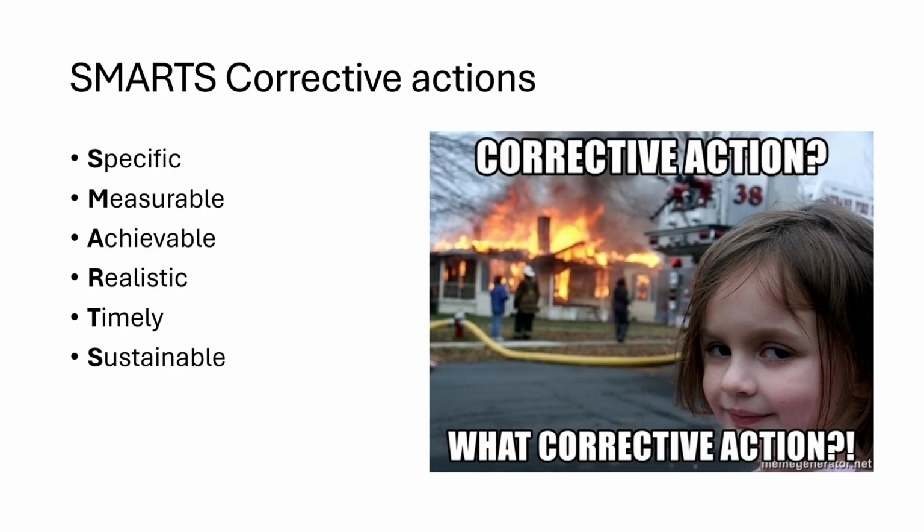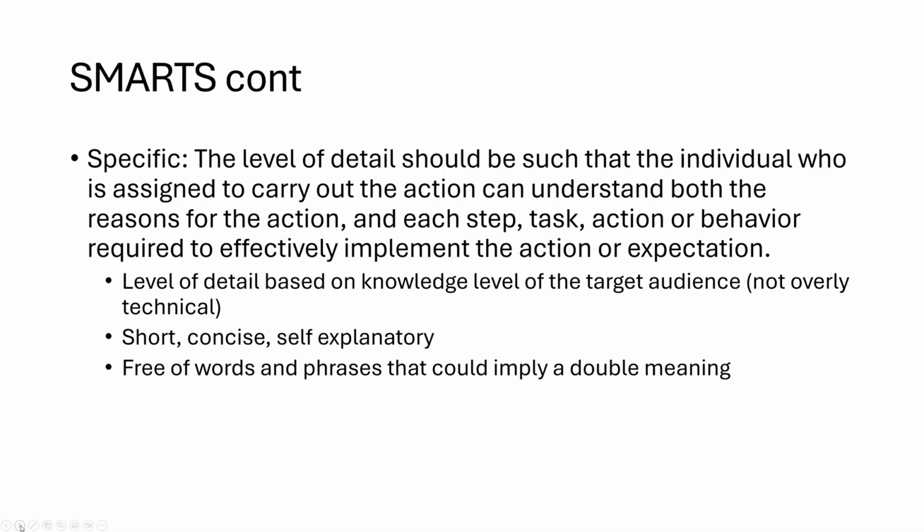But the idea of something being measurable, achievable, realistic, that's in the eye and the perception of the people who actually have to do these things. So that's also why it's super important to do even just some initial testing with specific users of this corrective action to make sure it's actually going to work and not just be something that they can't implement for whatever reason, right? And so you really have to pull that thread.